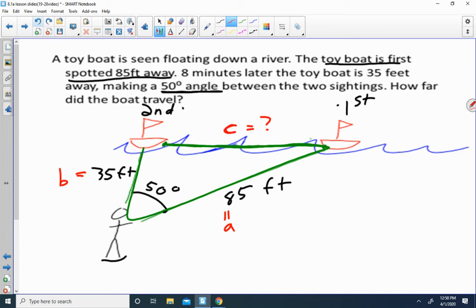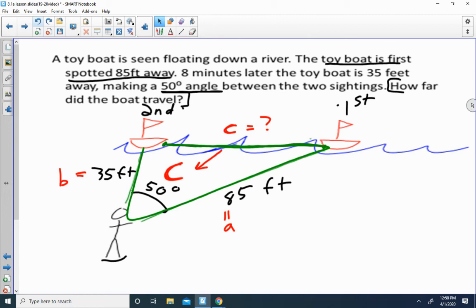If this is little c, that means the opposite angle has to be big C, because big C and little c have to be opposite of each other. So now, given this information, we can ask ourselves the question: how far did the boat travel?